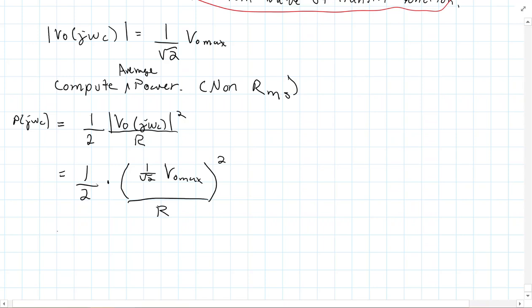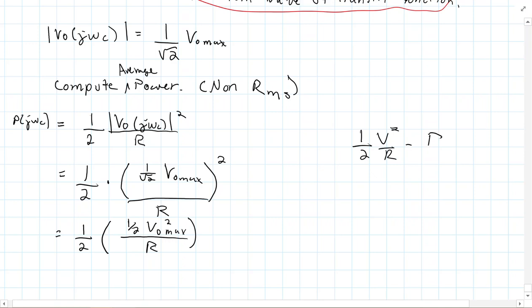But then this is just simply equal to 1/2 times another 1/2 V out max squared over 2 over R. But wait, 1/2 V squared over R is equal to power, average power.